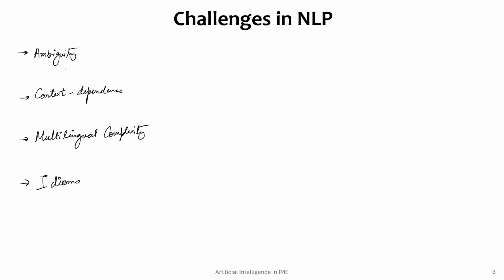Now, what is ambiguity? Let us say there is a sentence, the chicken is ready to eat. This sentence can have multiple meanings, right. The first could be that the chicken dish is ready.